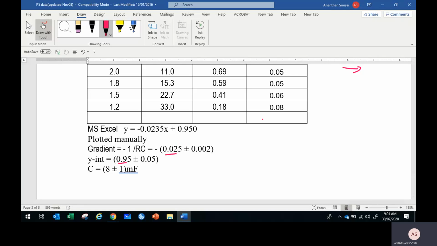Is that 0.002 or 0.015? 0.001 or 0.0015, same decimal places.